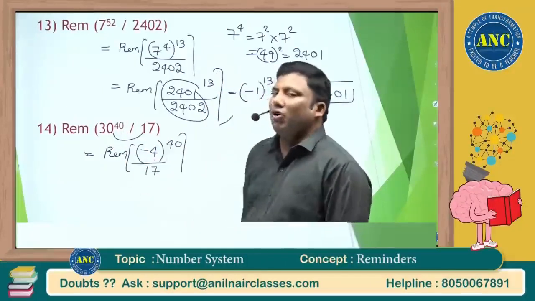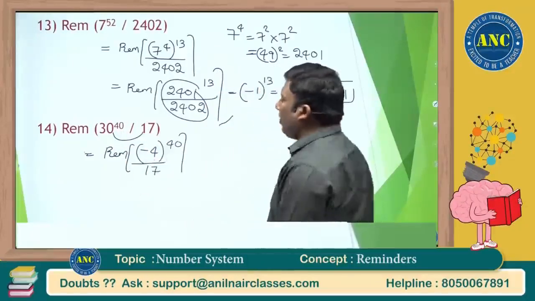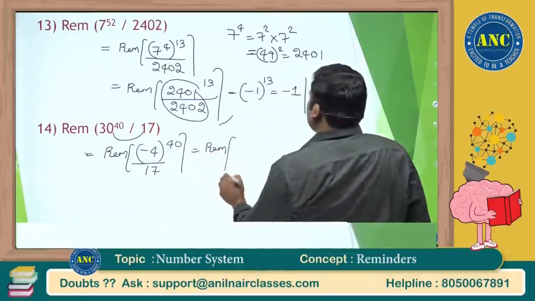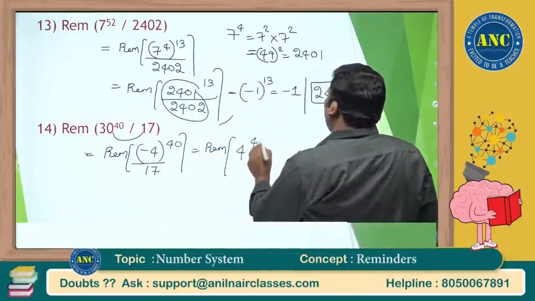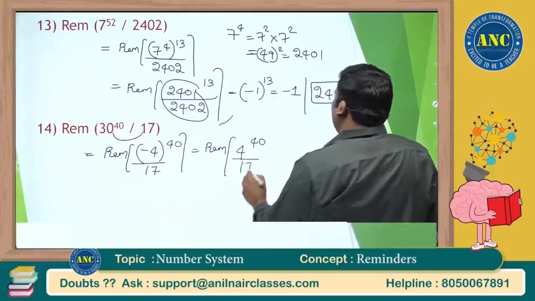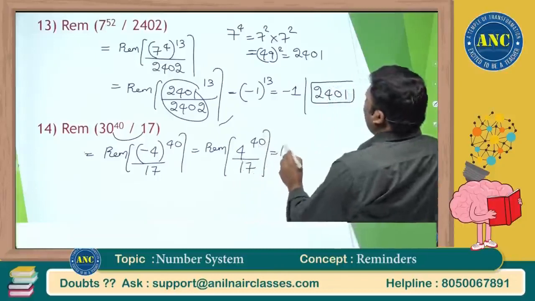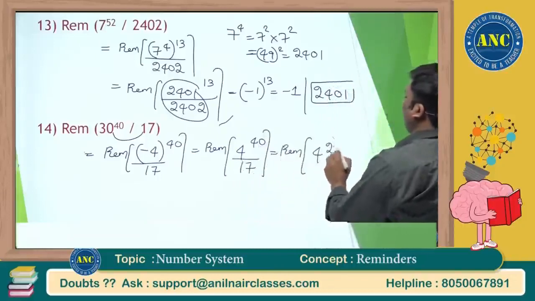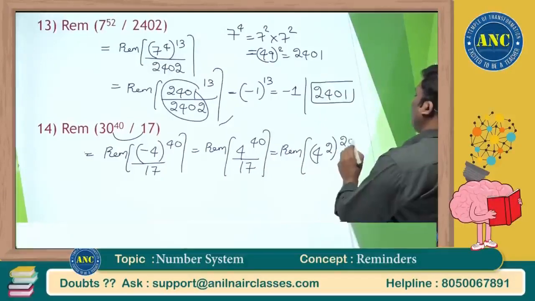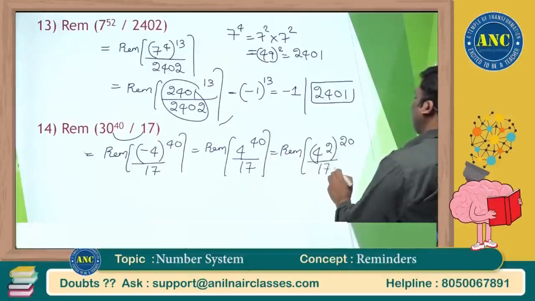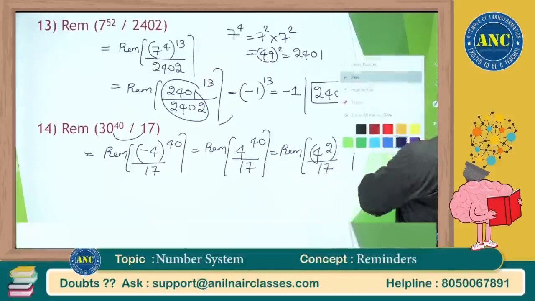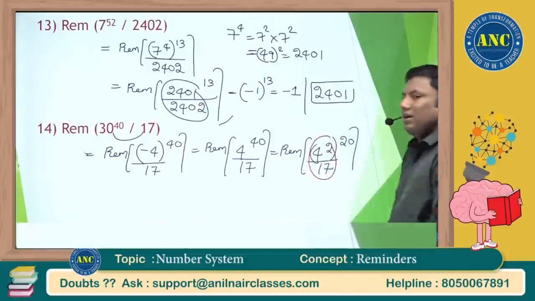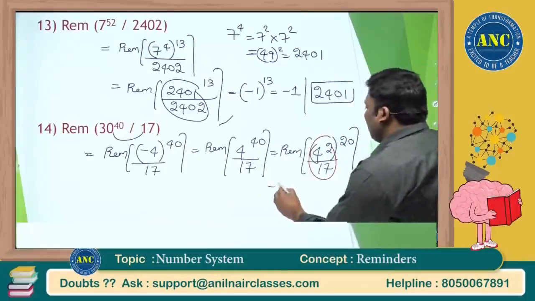When I am getting 4 as a relatively smaller value, I will take minus 4 power 40 divided by 17. This is 4 power 40 divided by 17. 4 power 40 can be written as 4 square power 20 divided by 17. 4 square is 16, divided by 17. 17 ones are 17.